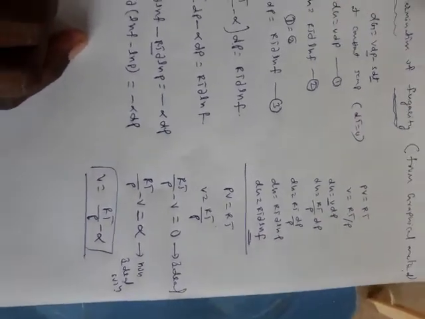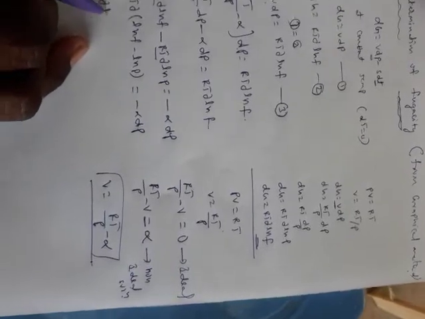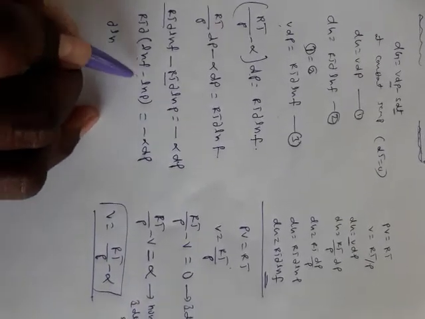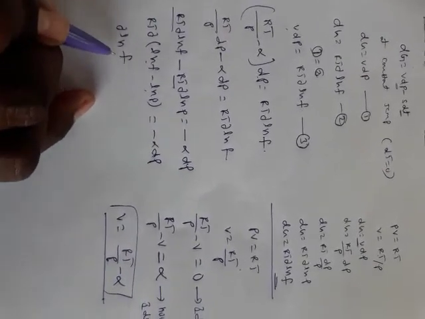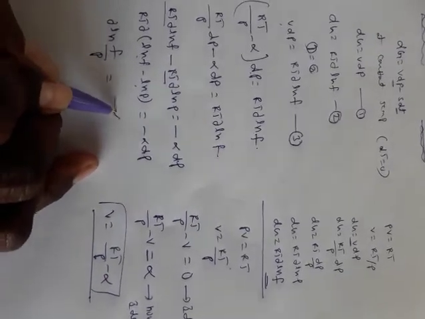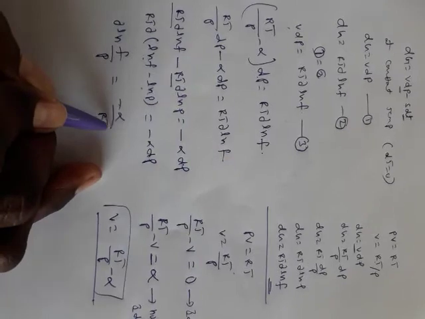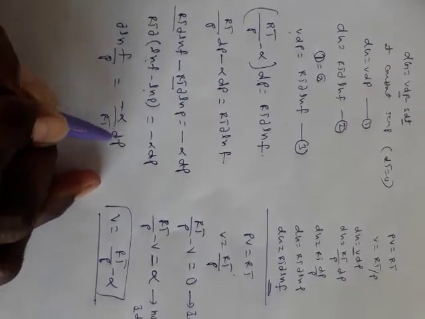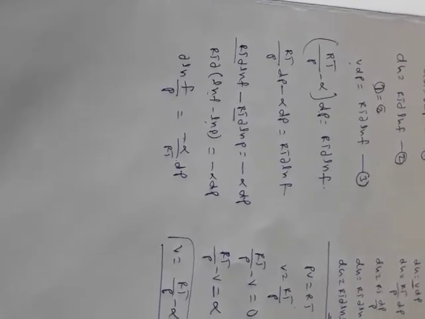Then d ln F minus d ln P, that is ln A minus ln B equals ln A by B, so d ln F by P is equal to minus alpha by RT into dP. Okay, this is the equation.